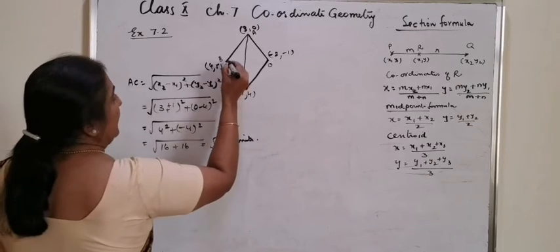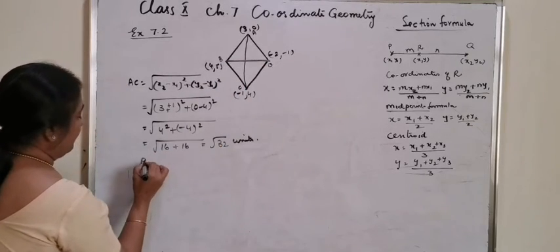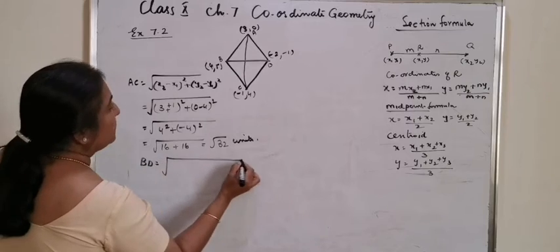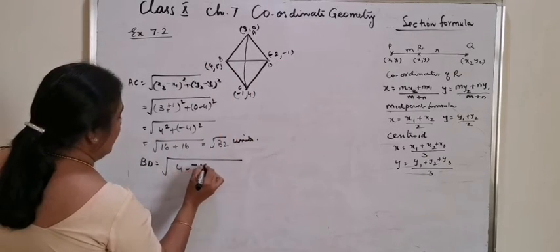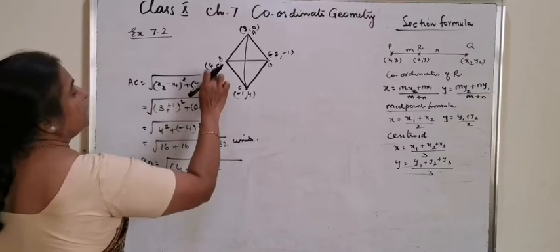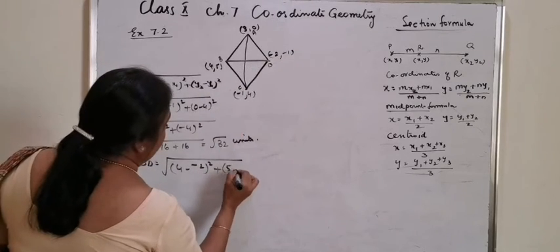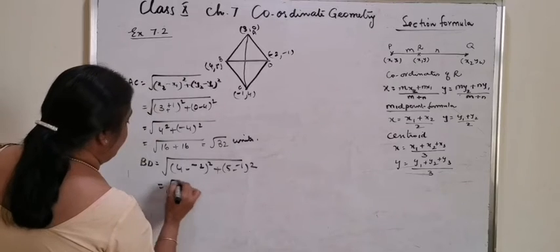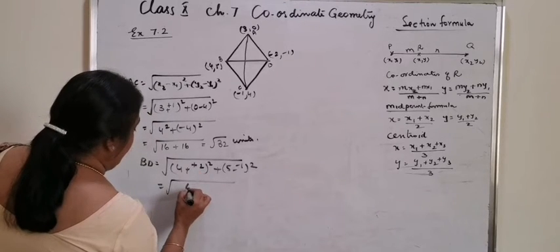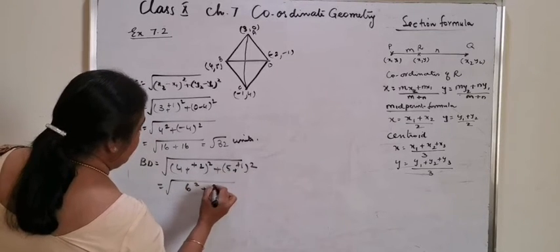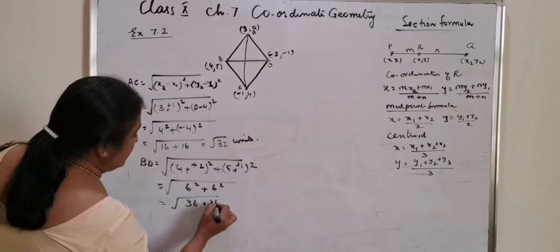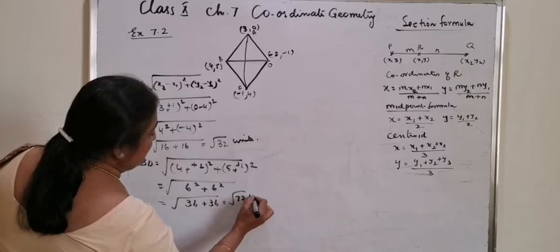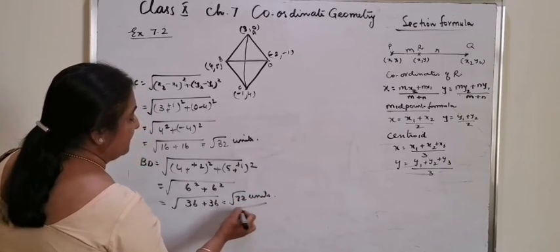What is the length of diagonal BD? BD is equal to square root of 4 minus minus 2 the whole square plus 5 minus minus 1 the whole square, 6 square plus 6 square, root 36 plus 36 is equal to root 72 units.